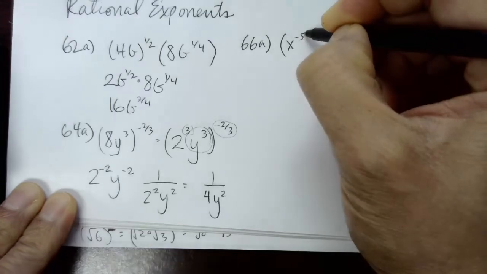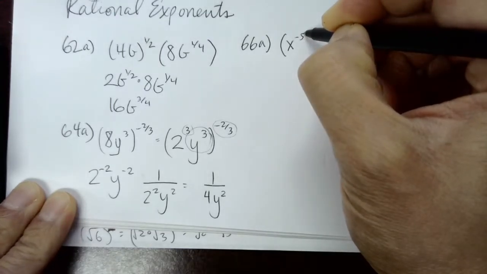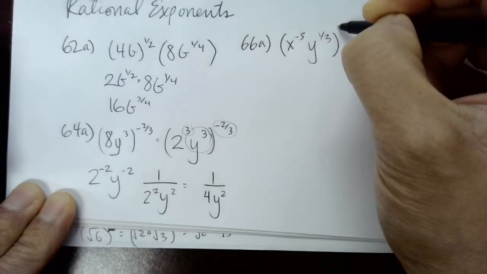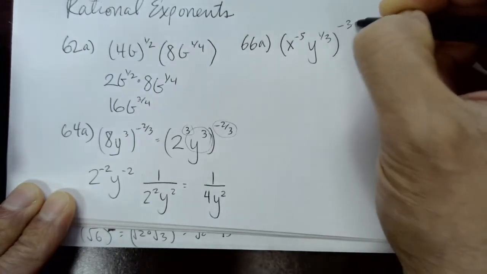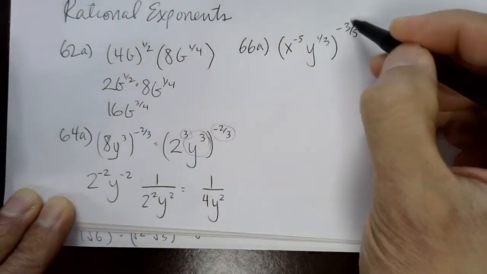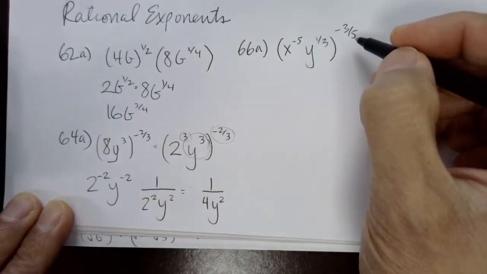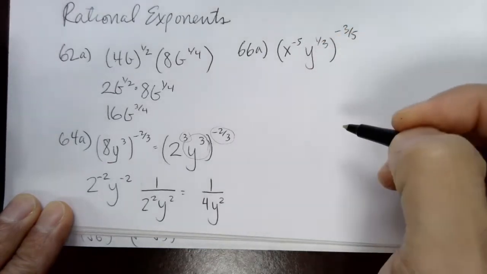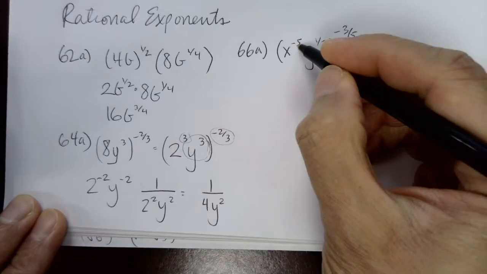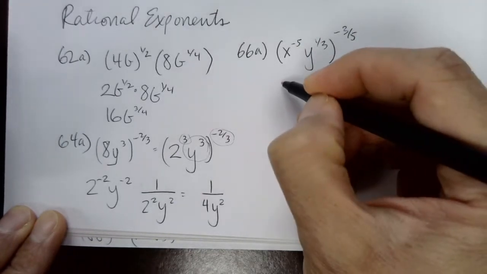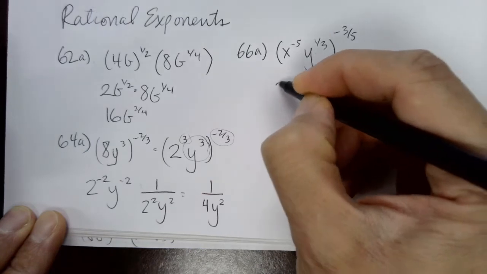which is just ever so slightly different, y to the 1/3, and both, all of that to the negative 3/5. Here I'm just dealing with variables, so I'm going to go ahead and distribute my power, because I'm taking the power of powers. So x to the negative 5 to the negative 3/5. My negative times negative will be positive.